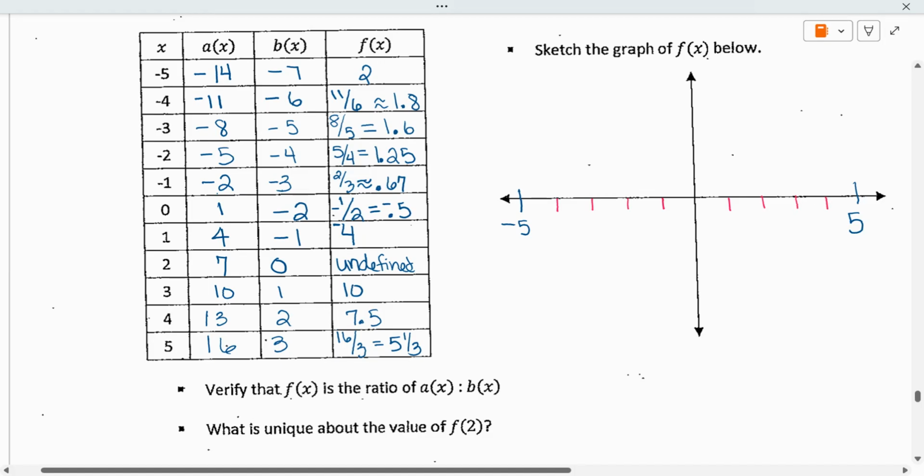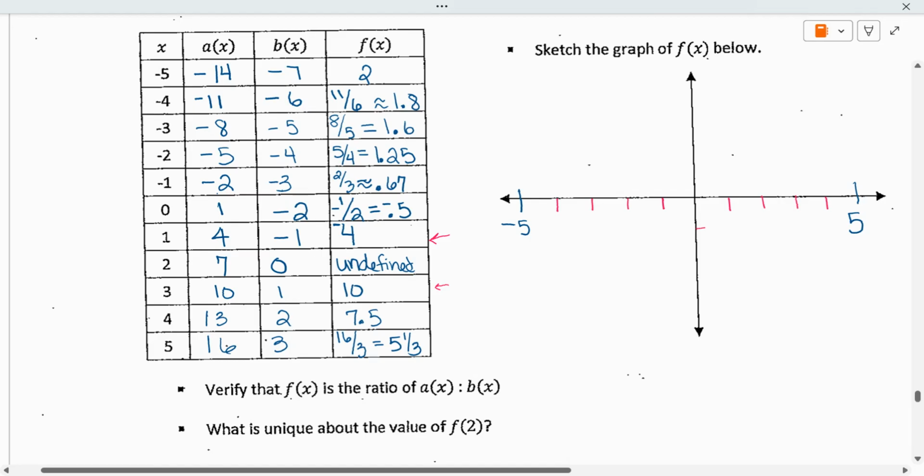Each grid line or each mark represents 1. The smallest number that I go down to looks like negative 4. The largest number that I go to looks like 10. Do you guys see that? The smallest value in my range on this graph is right here, negative 4, and the largest value is right here, positive 10.